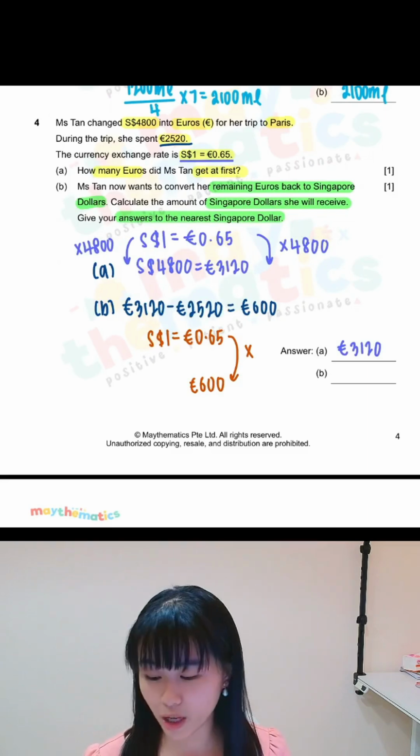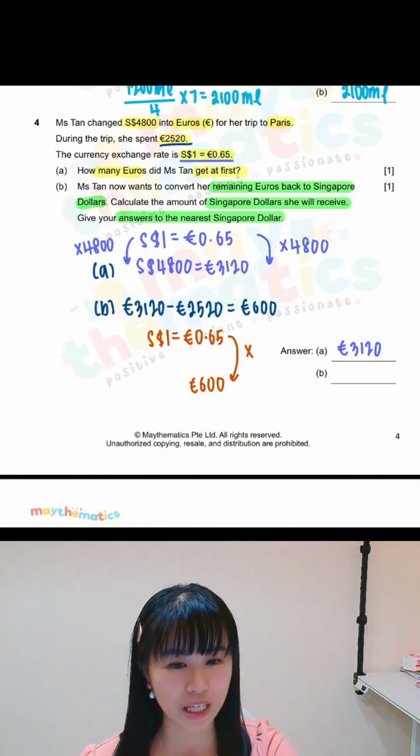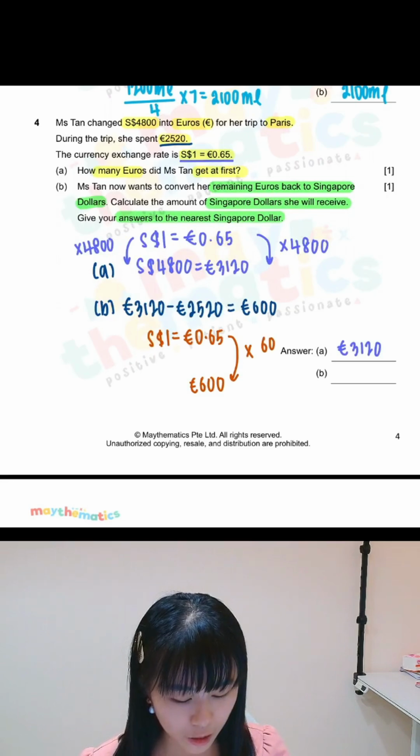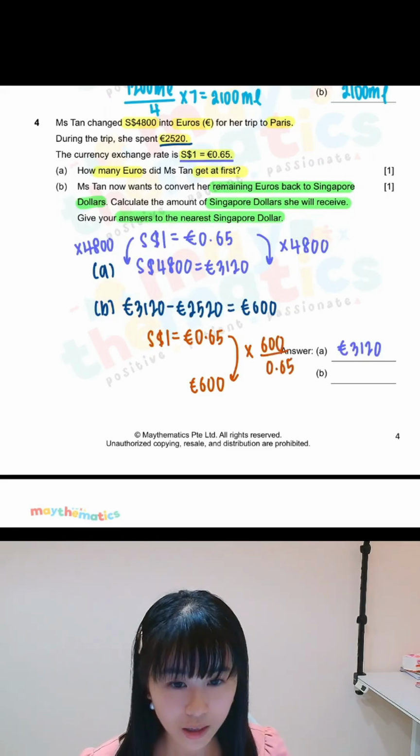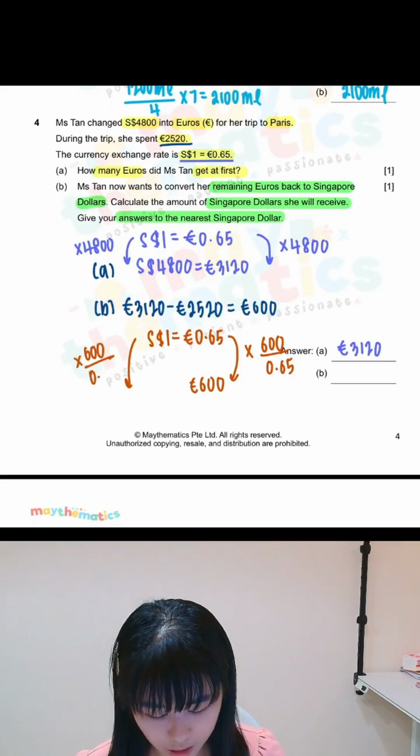$600 times 1 divided by 0.65. Okay, very good. 600 divided by 0.65. Yes. Then this side you also times 600 over 0.65.